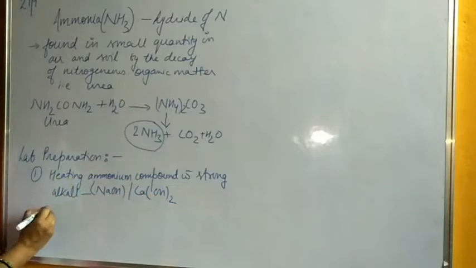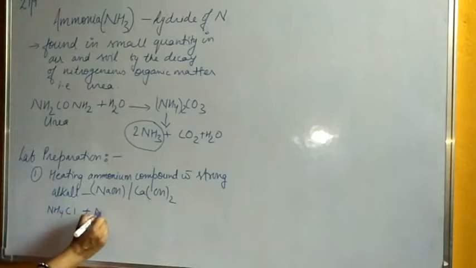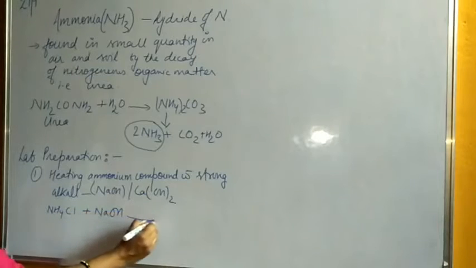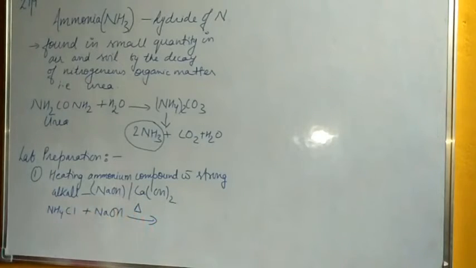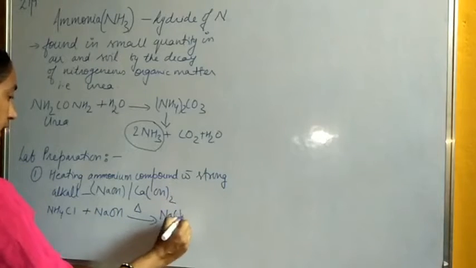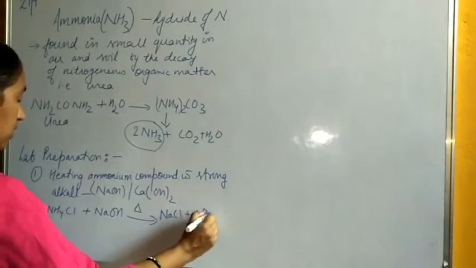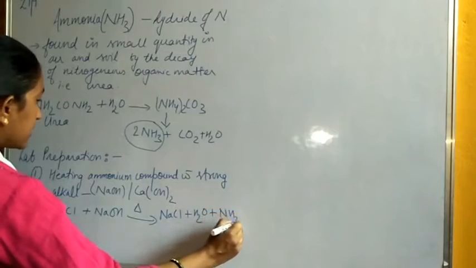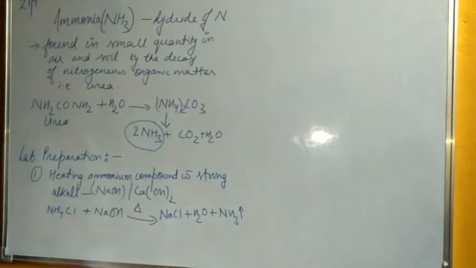So you can write down the reaction. You can have ammonium chloride, the ammonium compound, and when it has been treated with NaOH with heating, it will form NaCl plus water plus NH3 gas, which will be liberated.